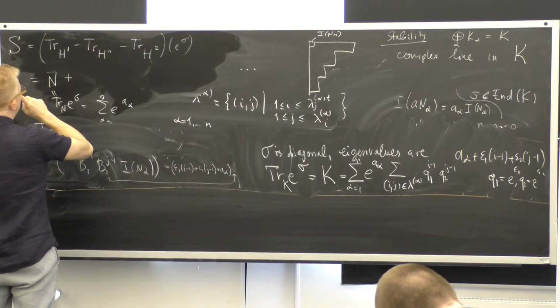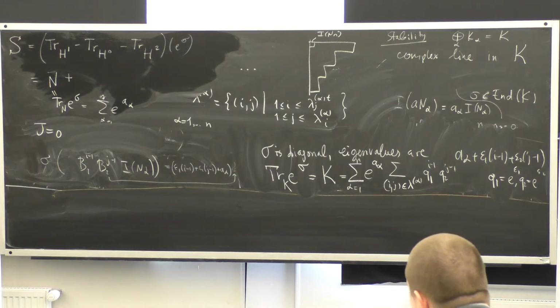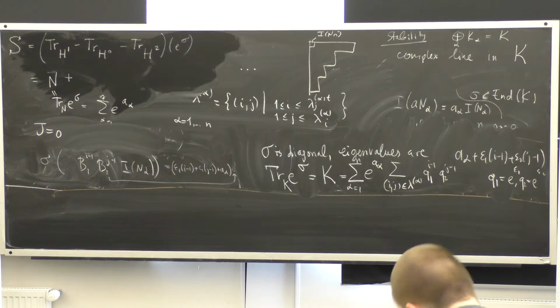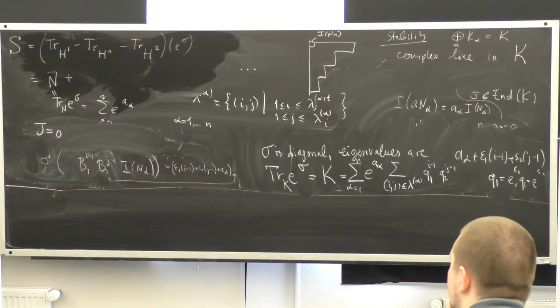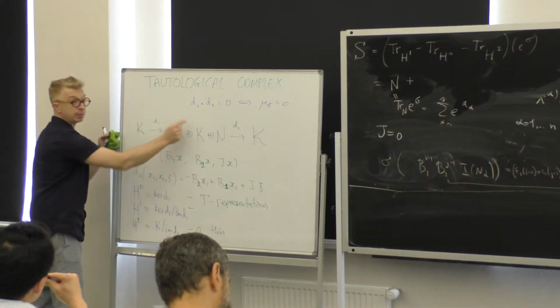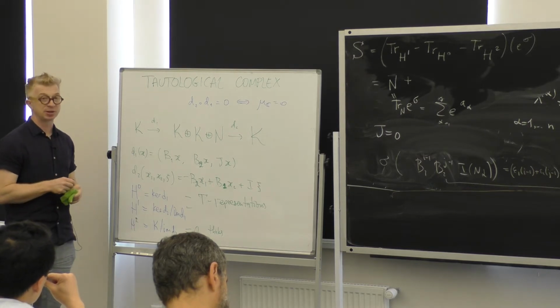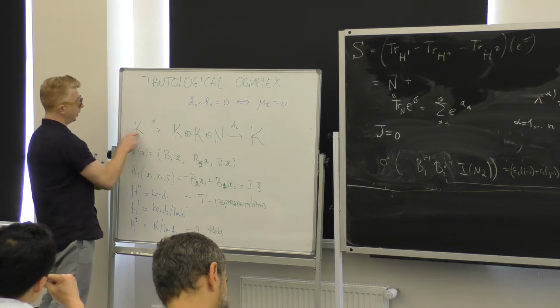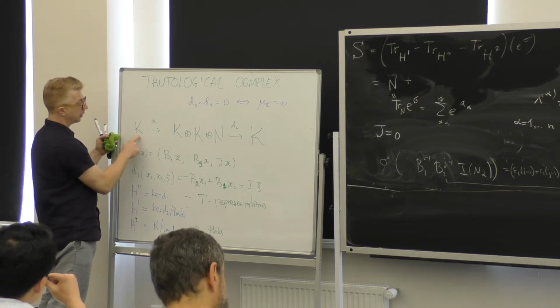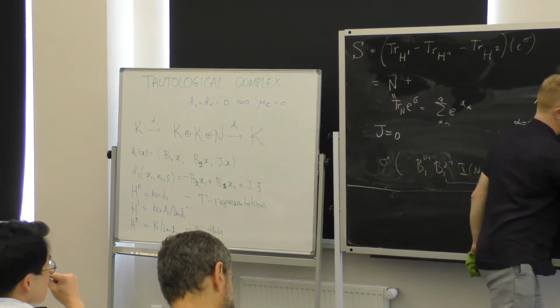Plus, now in computing this alternating sum, in order for this complex to be equivariant, I should have said that the spaces K, which enter different terms in this complex, carry different representations of the torus T. So let's say this K is that K which we computed.